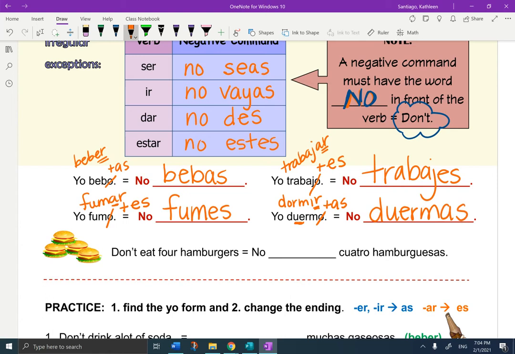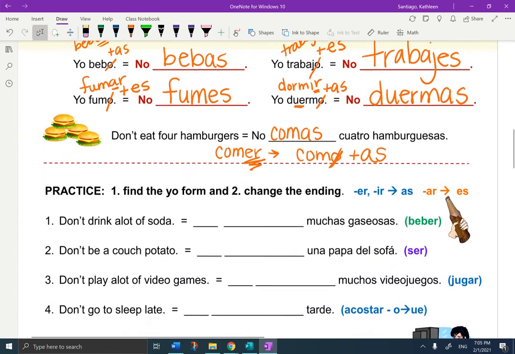Okay, no bebas, no fumes, no trabajes, no duermas. Don't eat 4 hamburgers becomes, okay, what's the verb eat? Comer. What's the yo form? Como. Chop off the O. Add the opposite vowel from the ER, which is an A, and add an S. No comas cuatro hamburguesas. Don't eat 4 hamburgers.